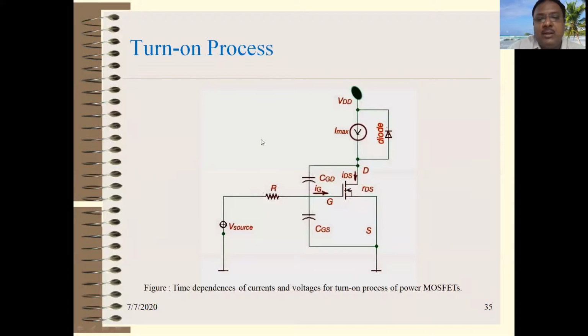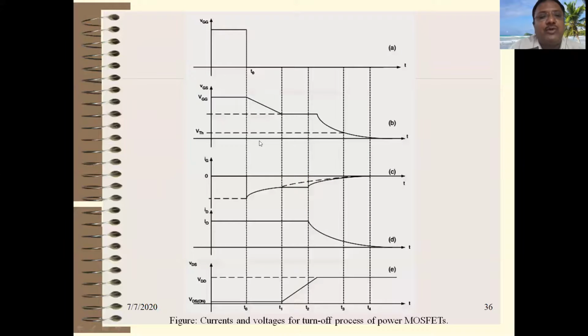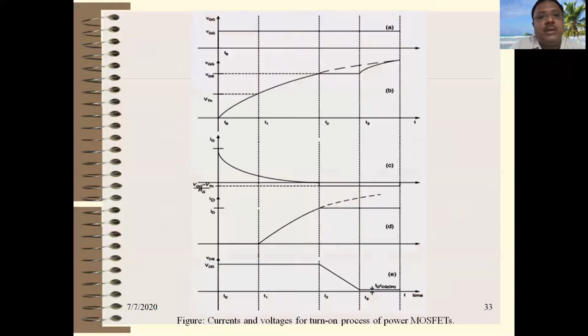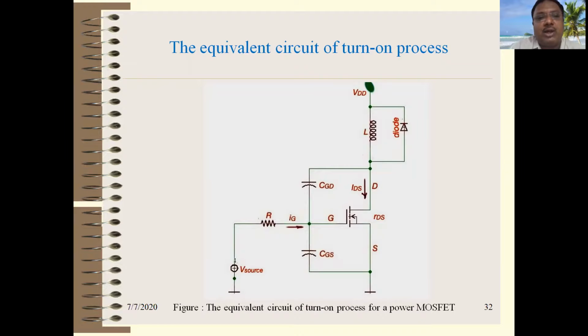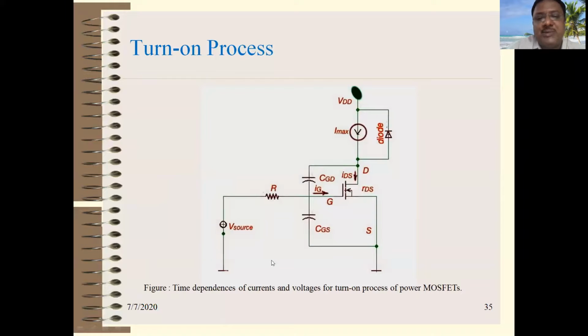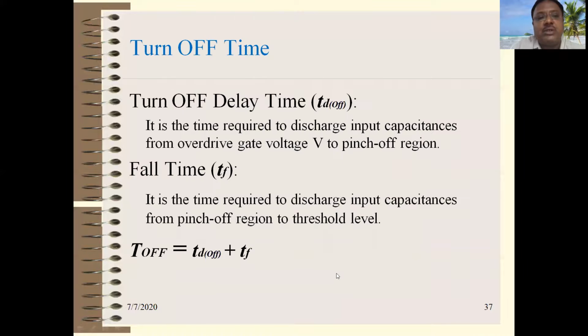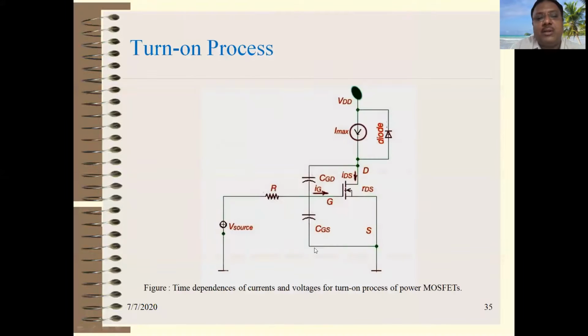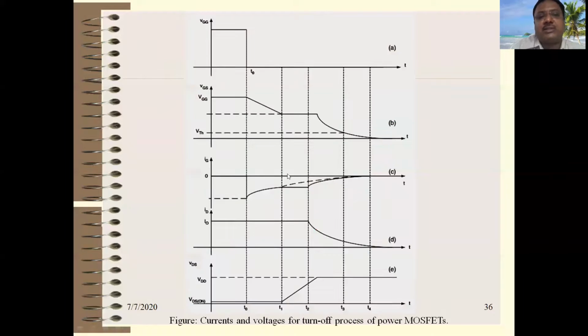Then the turn off process. This is basically the diagram for the turn off process, right? But the names I have given here are the same. This is basically the equivalent diagram for the turn off process, and these are the characteristics.